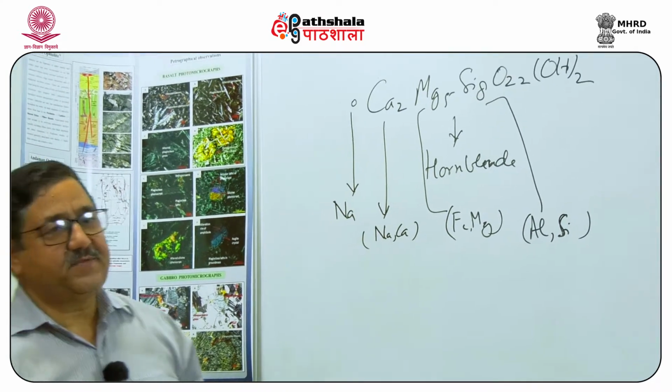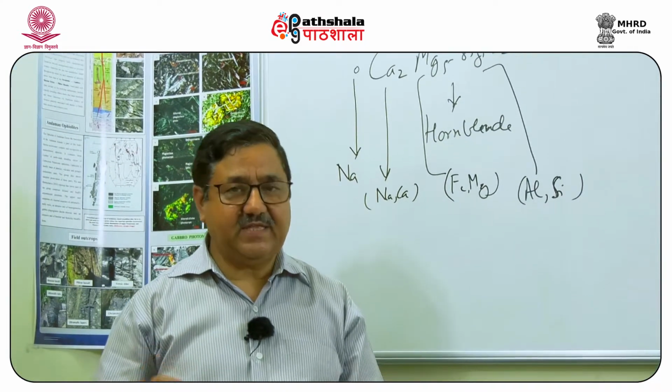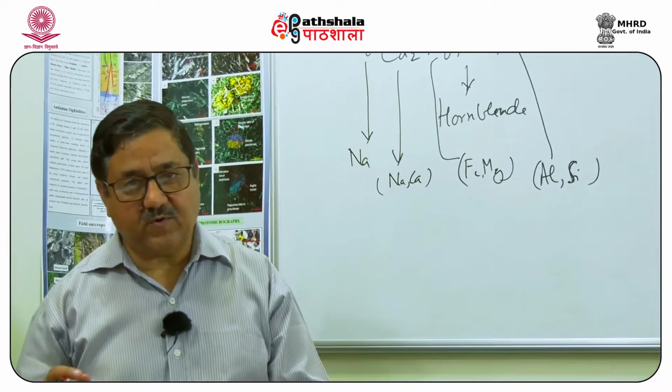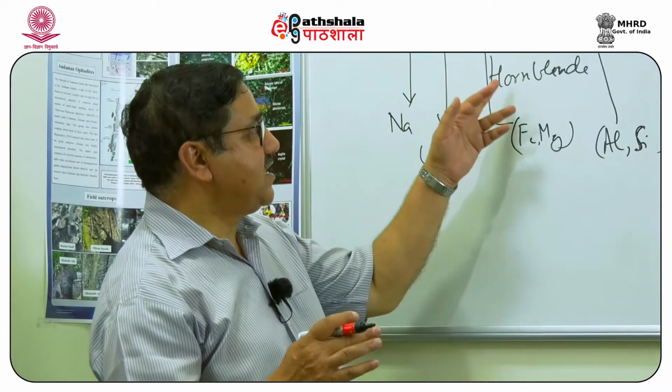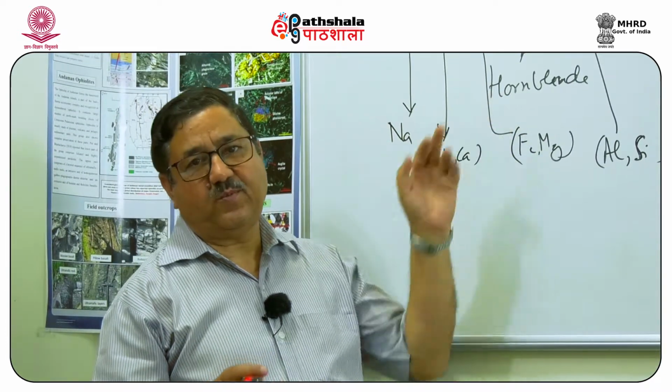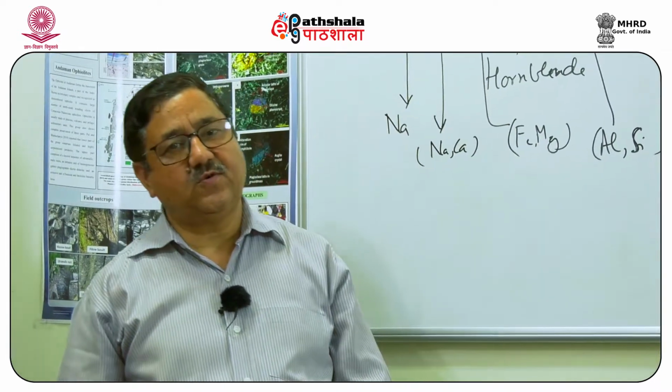These substitutions take effect with increasing temperature. So, tremolite with increasing temperature transforms to an amphibole which is commonly present and is known as hornblende.